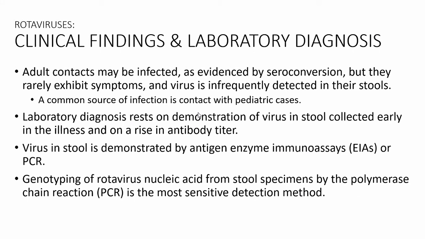These adult contacts can also be infected. Virus in stool is demonstrated through antigen enzyme immunoassays or PCR, and genotyping of rotavirus nucleic acid from stool specimen by PCR is the most sensitive detection method.